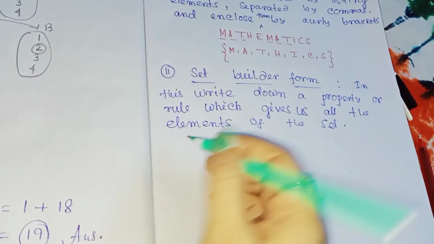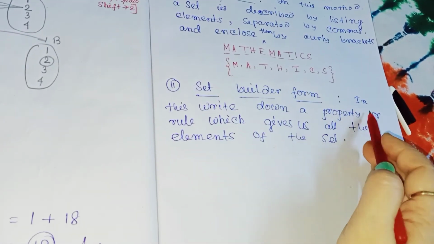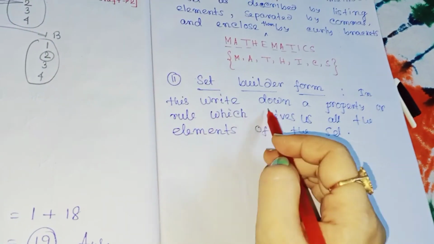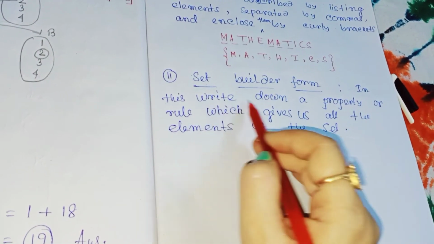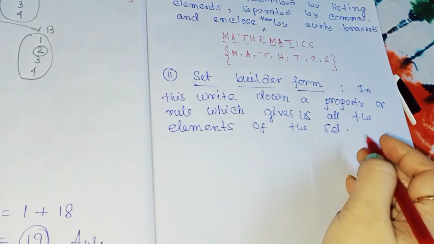So let's explain. In this form, we write down a property or rule which gives us all the elements of the set.